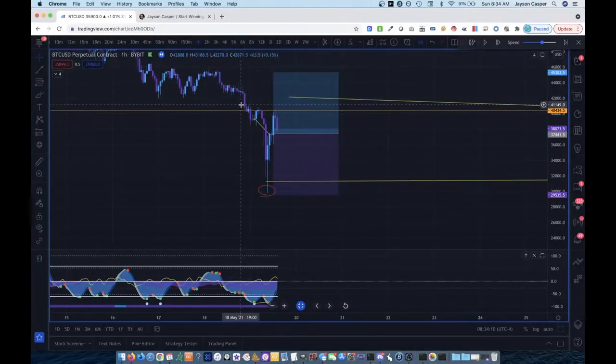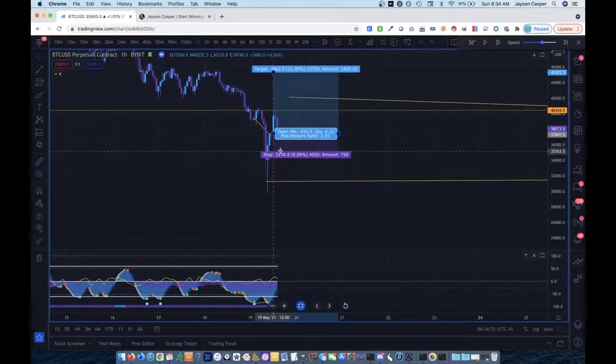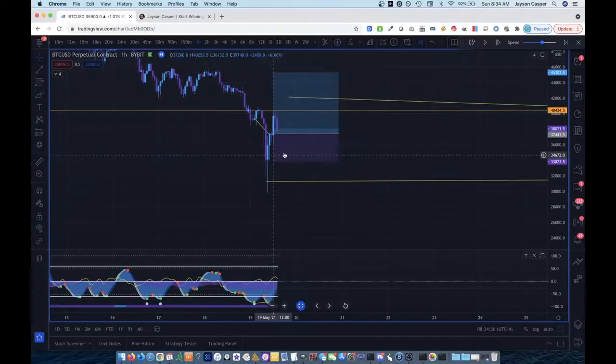We see this acting as support, we see this acting as resistance before we get the dump down. And so it's our first take profit. So you have a few options. Either number one, don't take the trade, or number two, cheat a little bit and move the stop loss below this wick right here. Actually, it would even have to be below this wick, which is still a 10% stop loss.